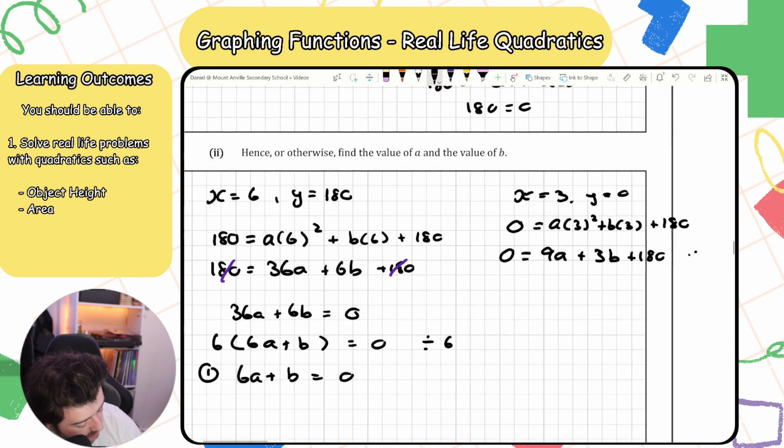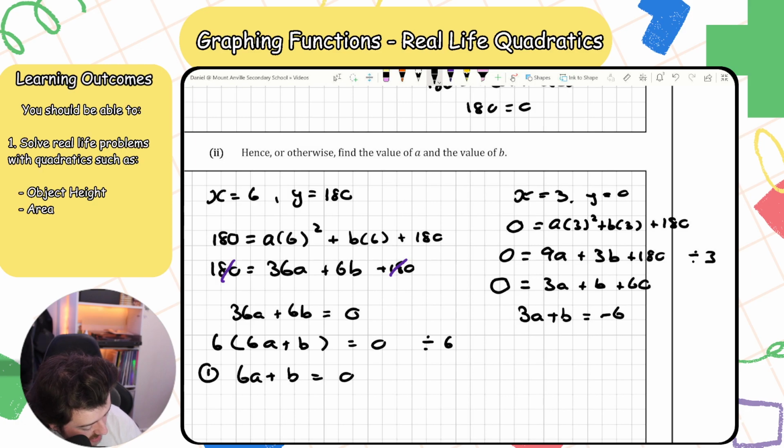I think I can divide across everything by 3. So if I divide across everything by 3, 0 divided by 3 is 0, 9a divided by 3 is 3a, 3b divided by 3 is b, and 180 divided by 3 is 60. So I'm going to have here 3a plus b is equal to minus 60 because I brought it over. And there's my second equation.